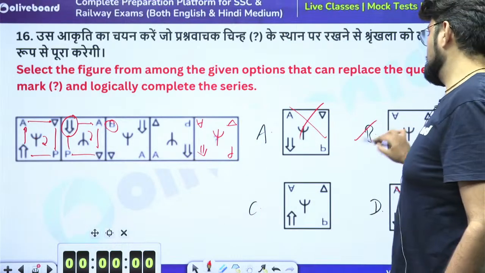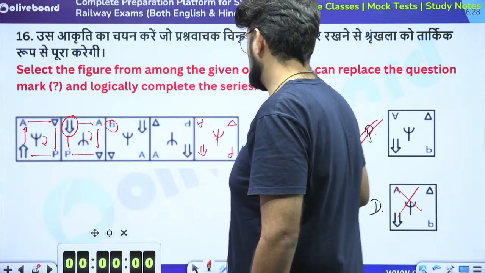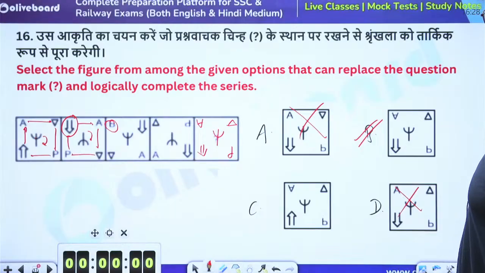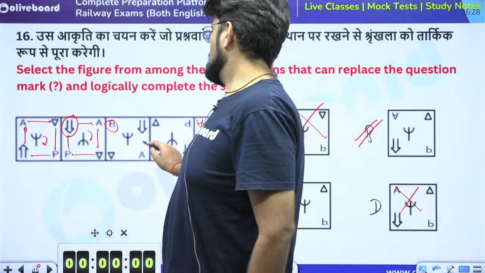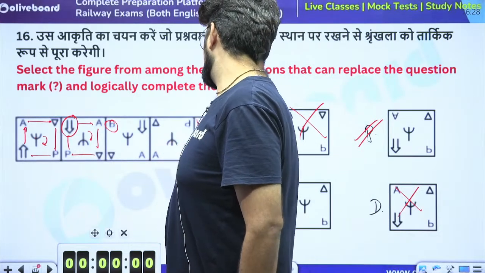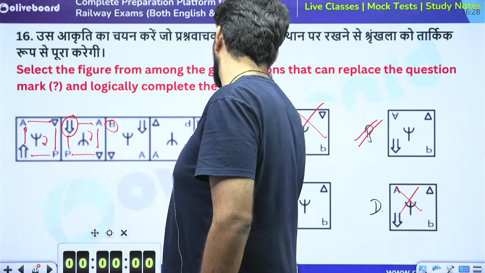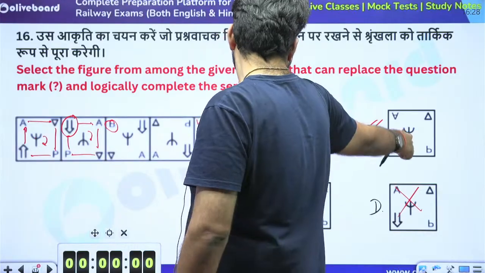Option B. Wait. Okay, it's also flipping here. It's also flipping from here to here. But that did not make a difference because we found it from the options. Okay, see.